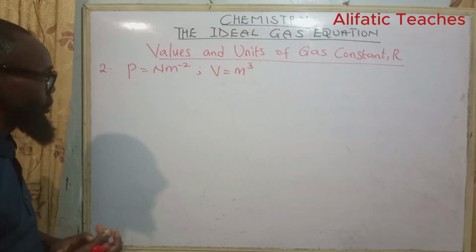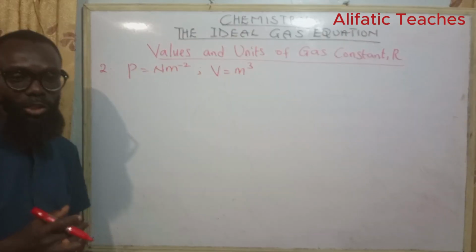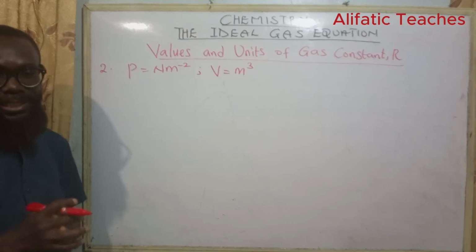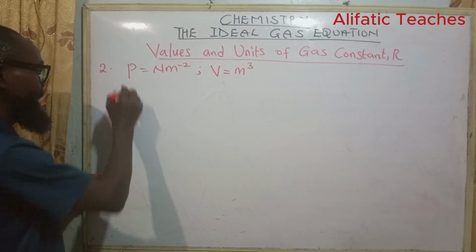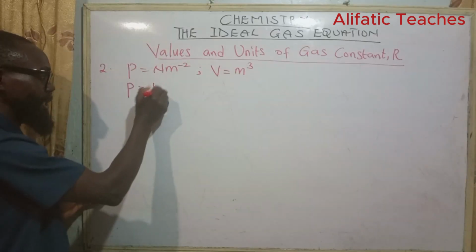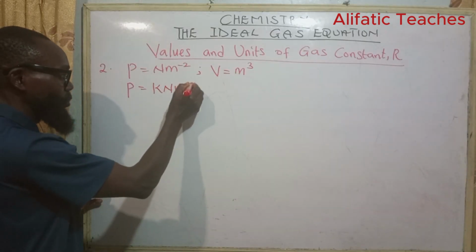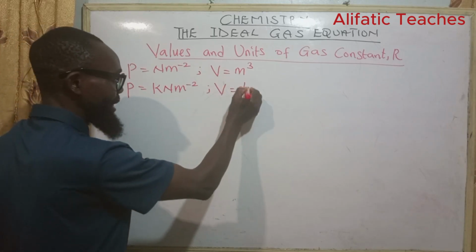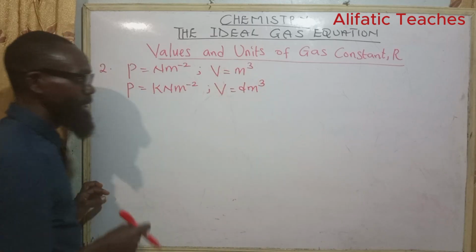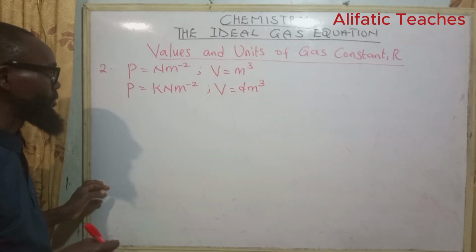But with Newton per meter square, or when the volume is in meter cube, we have to upgrade it to have higher values. Let our pressure be in kilonewton per meter square. Then our volume now will be in decimeter cube.